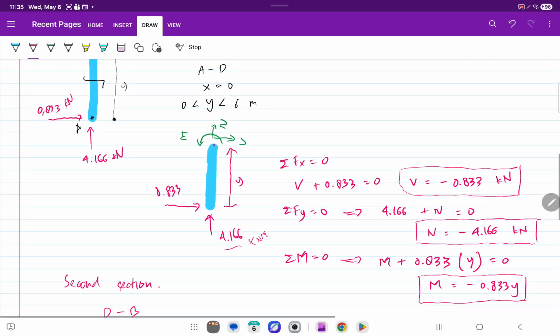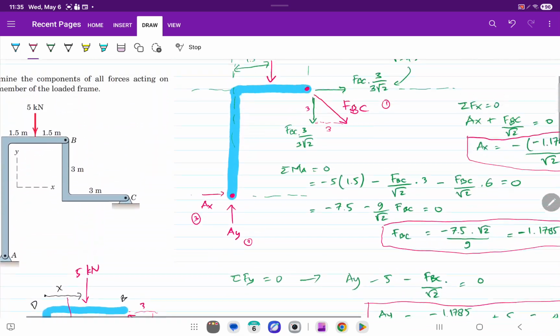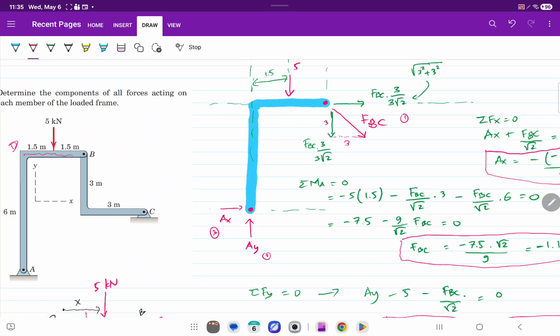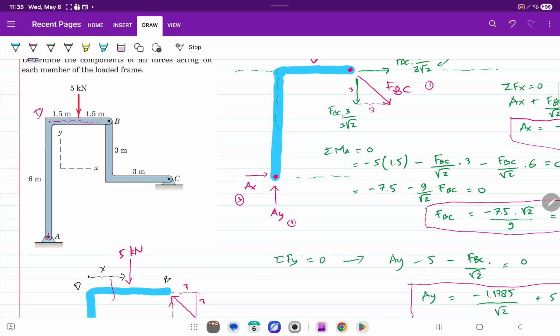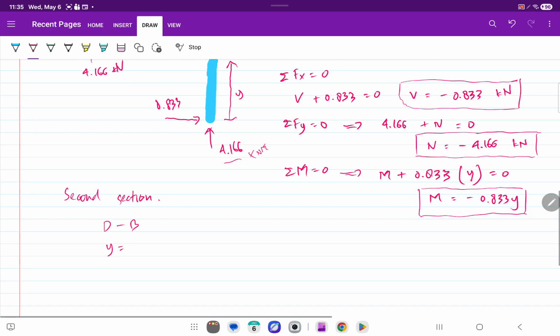Y is 6 meter, because here y is 6 meter if we calculate from A. Your x will be a variable.